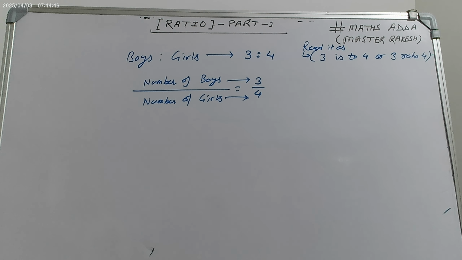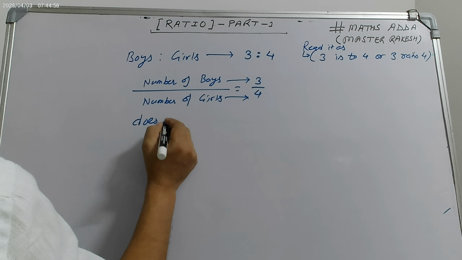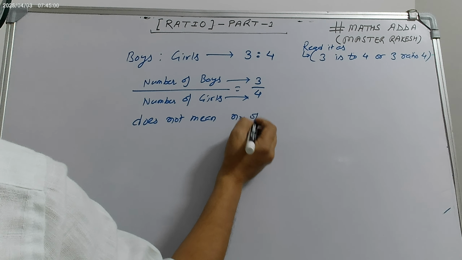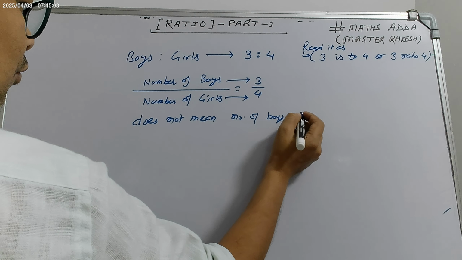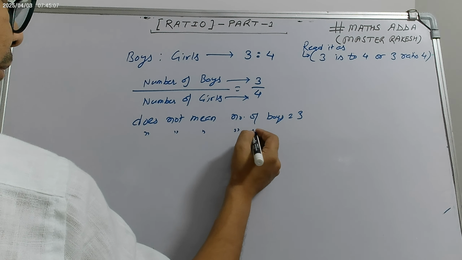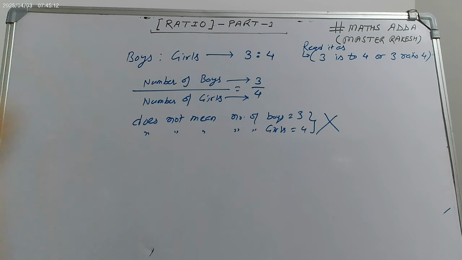It does not mean the number of boys equals 3 or the number of girls equals 4. With just this data we cannot ascertain the number of boys and girls in the class.